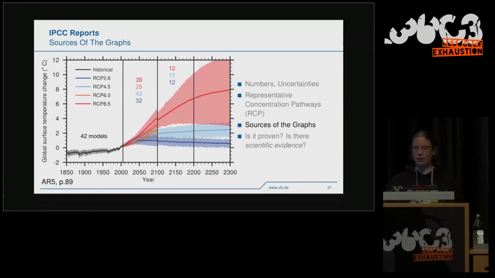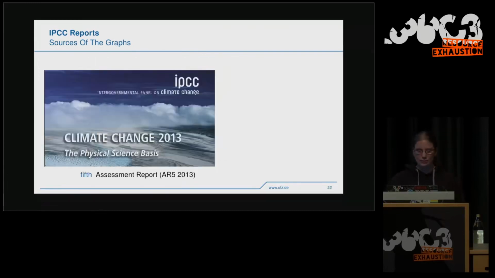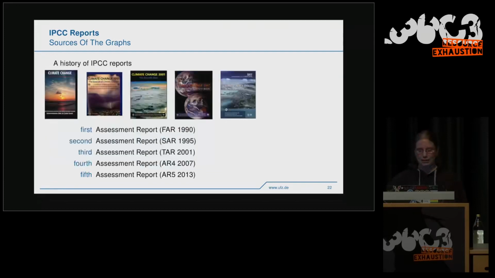So I talked a lot about the IPCC, the Intergovernmental Panel on Climate Change, which publishes reports. For example, the fifth assessment report, and what you see here is part of the cover. But there have been four before, as the name fifth suggests.